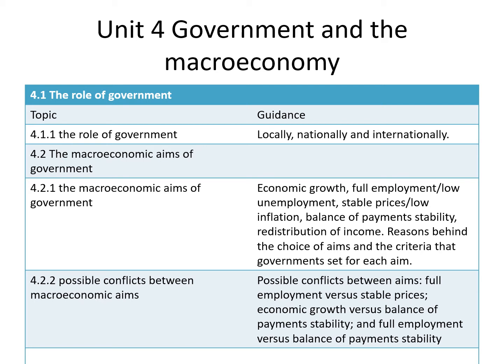4.2.2, possible conflicts between macroeconomic aims. Well, full employment versus stable prices. As we start to push people into employment, we tend to get inflation. Or economic growth versus balance of payment stability.